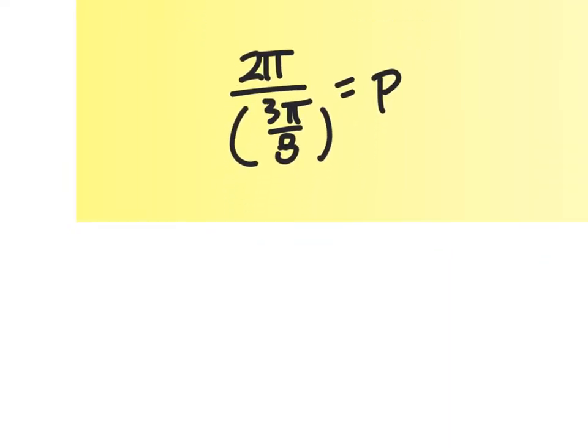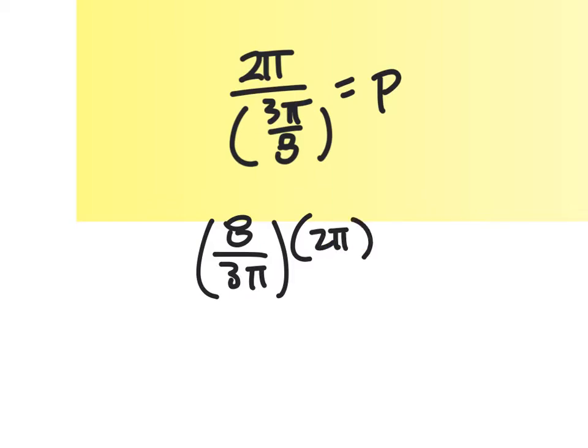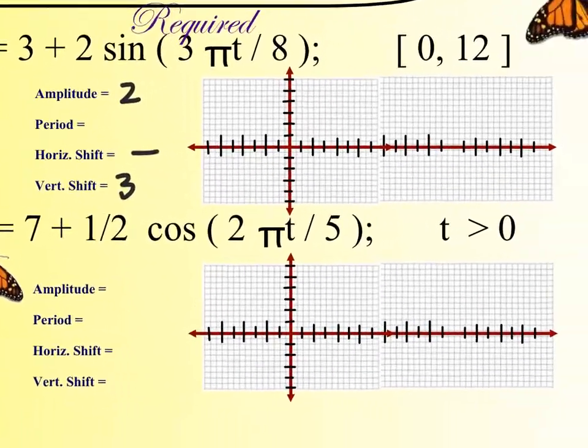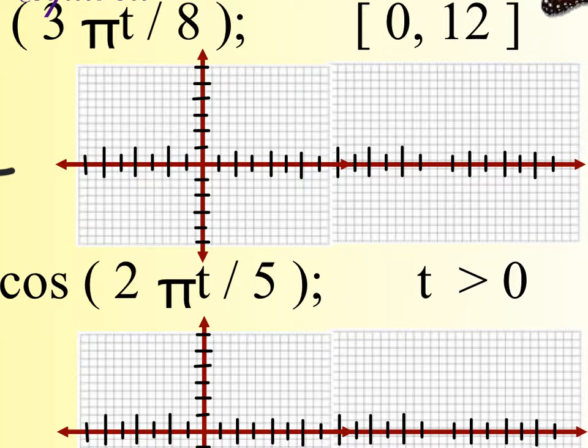If I divide by a fraction, that means I want to multiply by its reciprocal. So that times 2 pi, we would see a cancellation of the pi's, and it looks like we get a period of 16/3. That's quite gross. Okay, so I'm going to plot this out, and then I'll do the vertical shift in a moment. So 16 thirds.